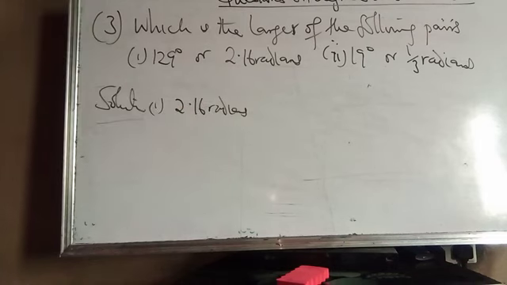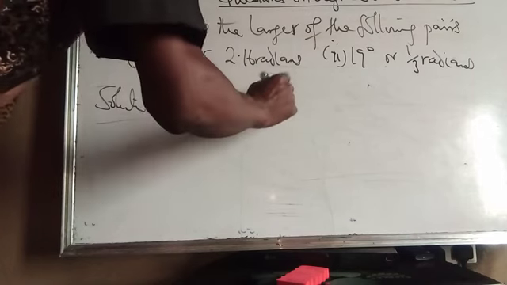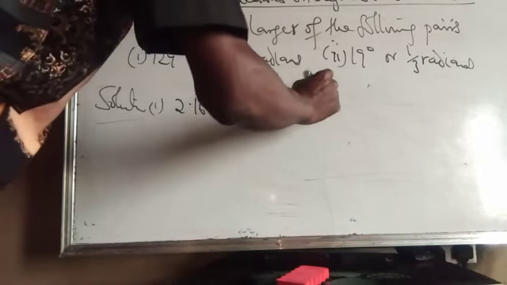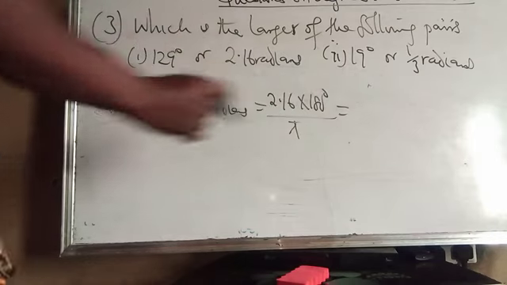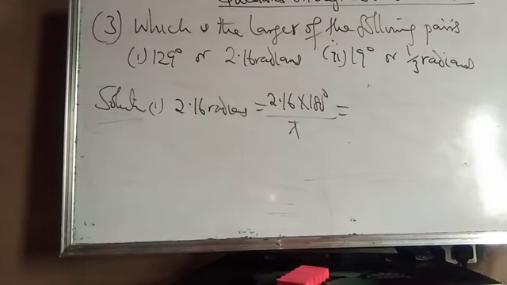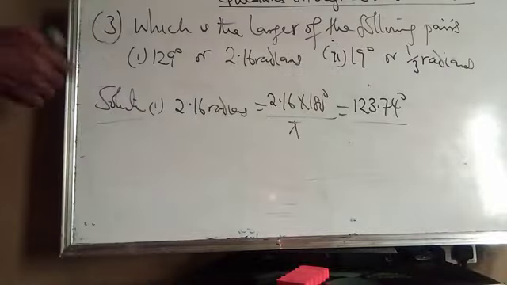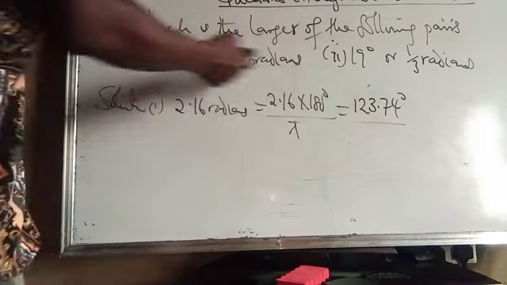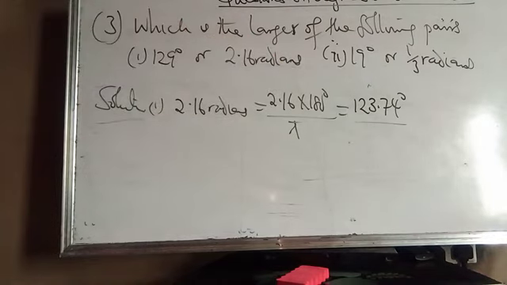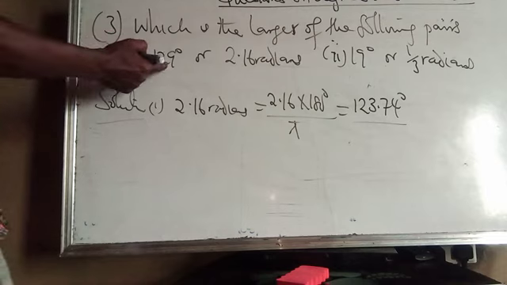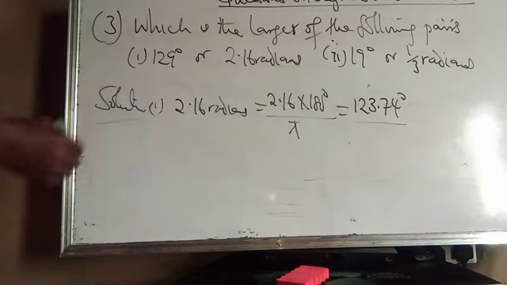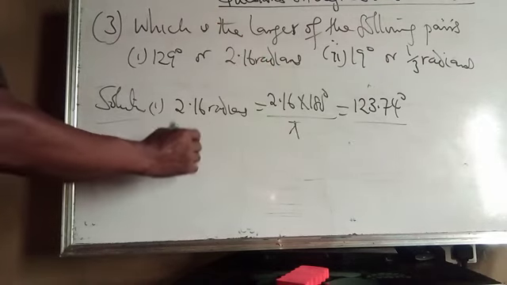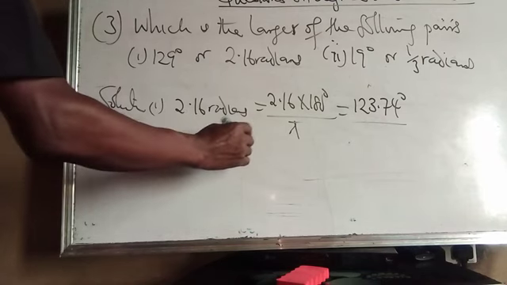Radians to degrees will be 2.16 times 180 all over pi, which gives 123.74 degrees. You don't need to convert to minutes because the first one is already in degrees. So obviously 129 is more than 123.74. Therefore, 129 degrees is larger.